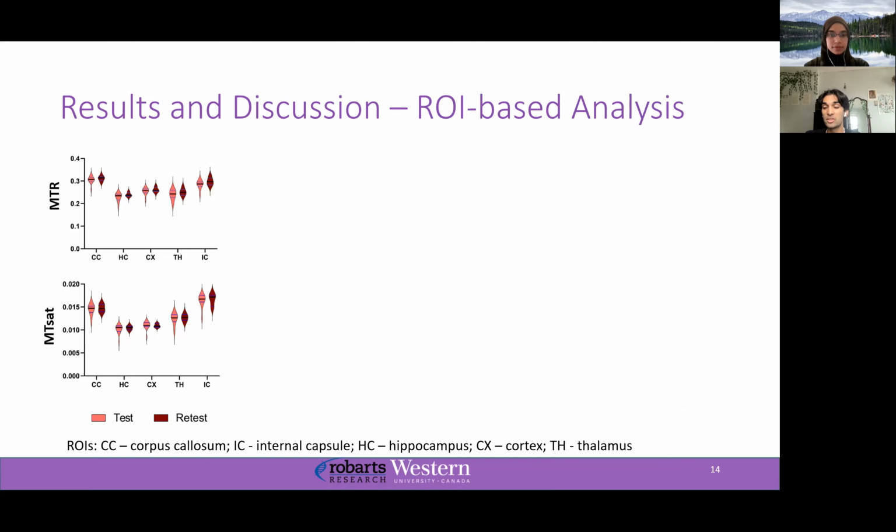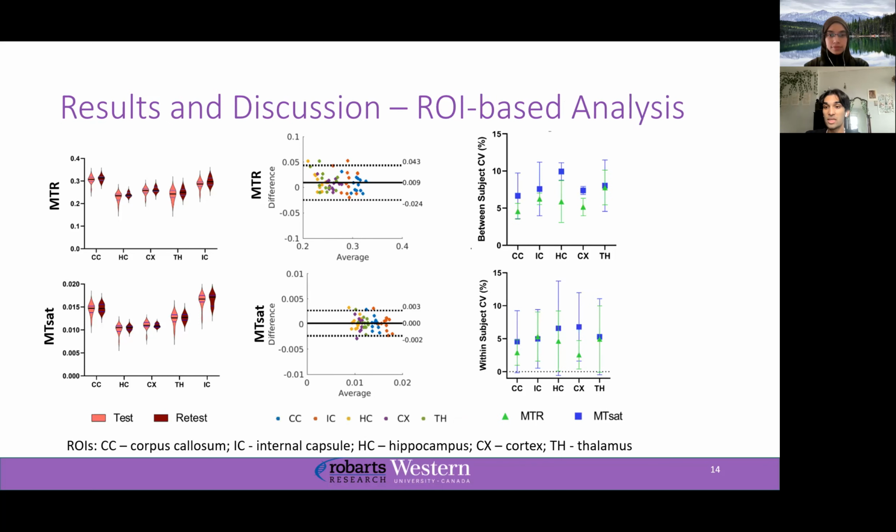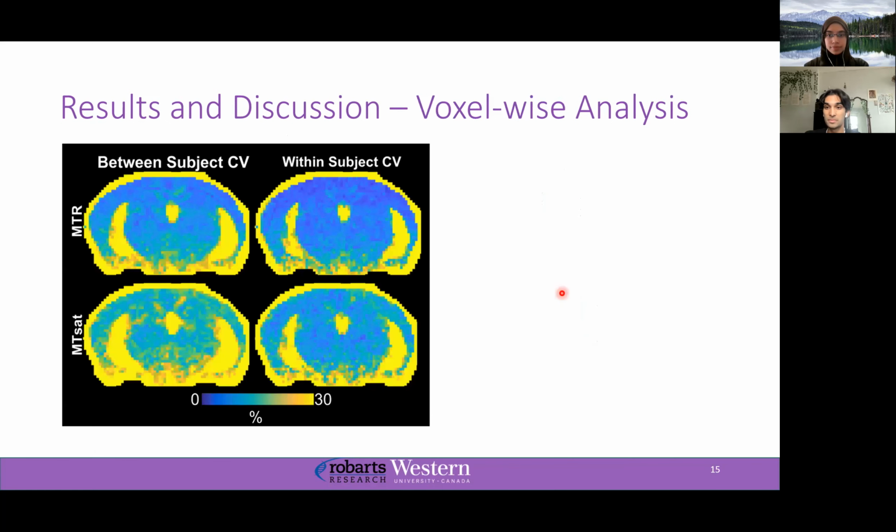BA plots revealed negligible biases with mean biases of 0.009 and 0 for MTR and MTsat respectively. Overall, MTsat exhibits slightly higher CVs than MTR, which may arise from noise propagation through the equations used to calculate MTsat. In general, CVs were comparable across all ROIs, as no significant differences were found between ROI-based mean CVs.